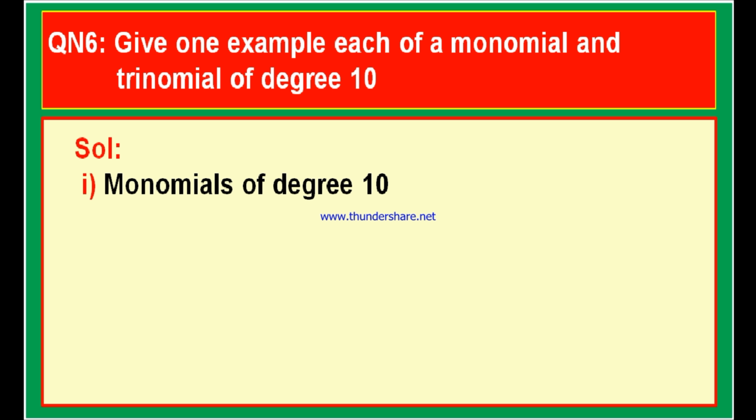In order to make you understand, I may give 4 to 5 examples so that you may write any one of these examples, or you may write your own also. Here a monomial of 10th degree means the polynomial should contain a single term and the highest exponent of the variable should be 10. You see this example, x power 10.